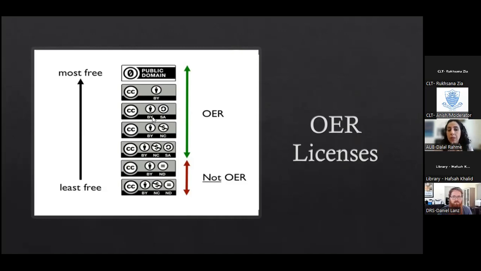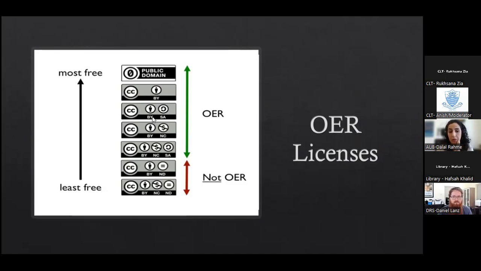If you see a public domain license on the object you're using, then it's an open educational resource. If you see BY, BY SA, or attribution non-commercial share alike, those licenses are for open educational resources.